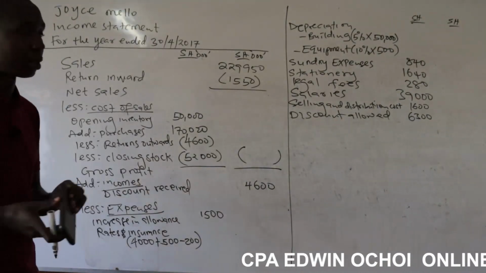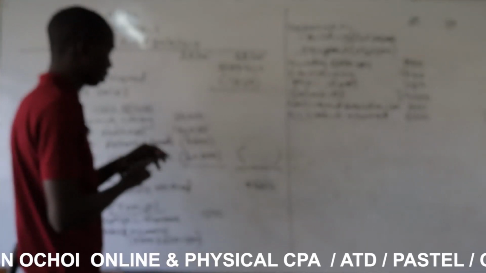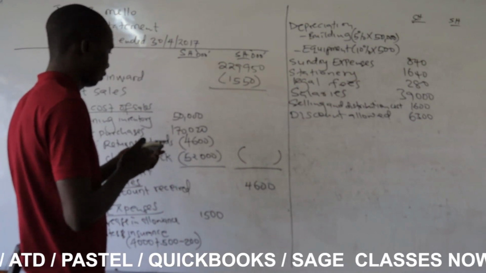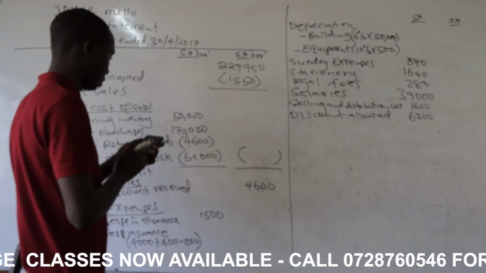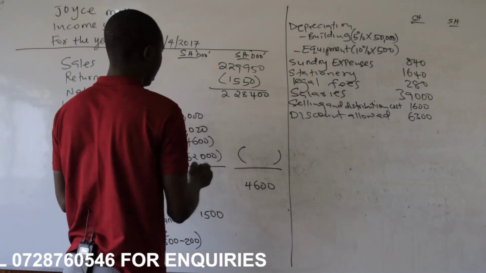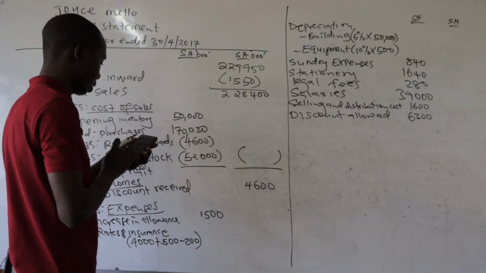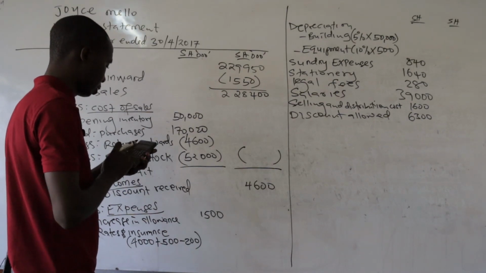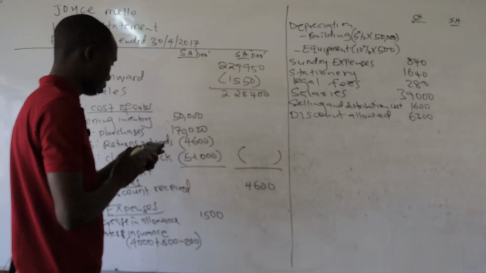So I can use my calculator now to compute what I have not computed in order to get the net profit or loss. So to check for the net profit or loss, so 229,950 minus 1550. So this is 228,400. So 228,400. So 50,000 plus 170,020 minus 4,600 minus 52,000.